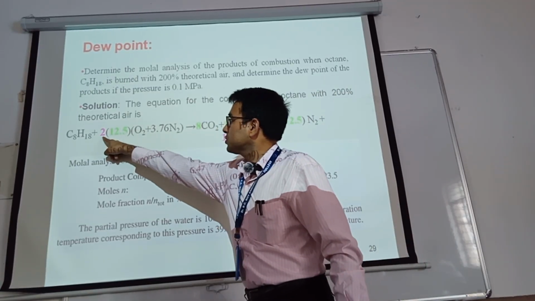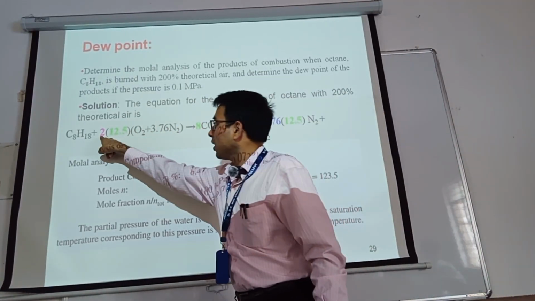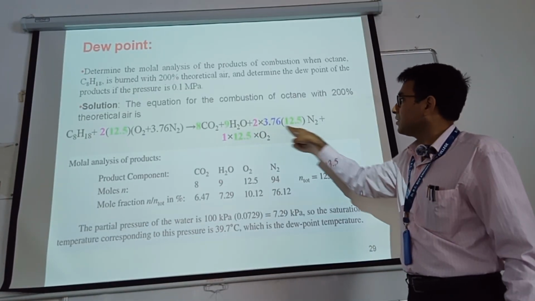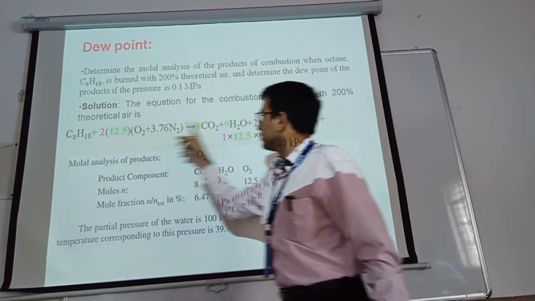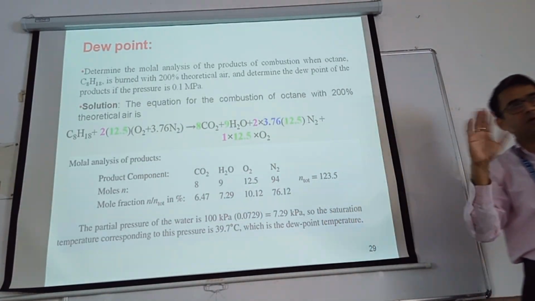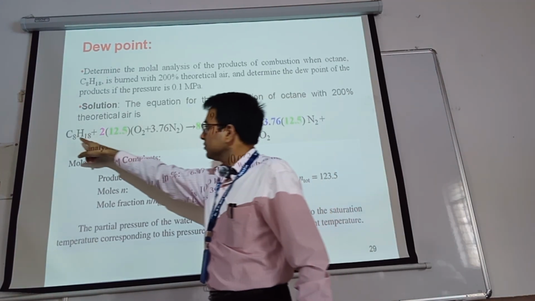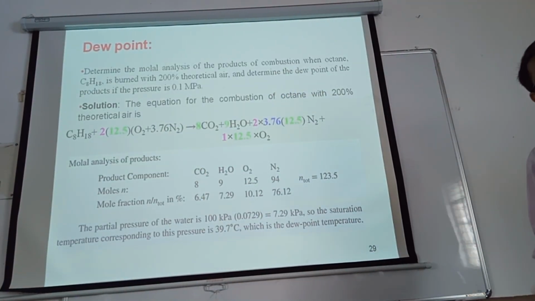One of these two is absorbed in the reaction, and the other is excess air, that is oxygen. The nitrogen will be twice that. Is it clear how to get the reaction? Very simple, just balance the atoms: carbon, hydrogen, oxygen and nitrogen.